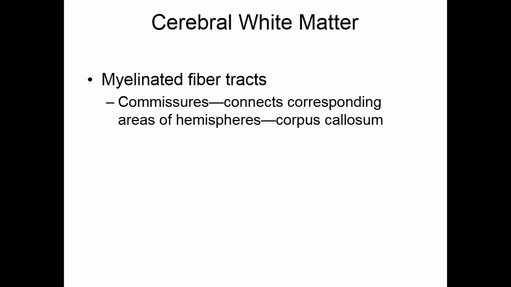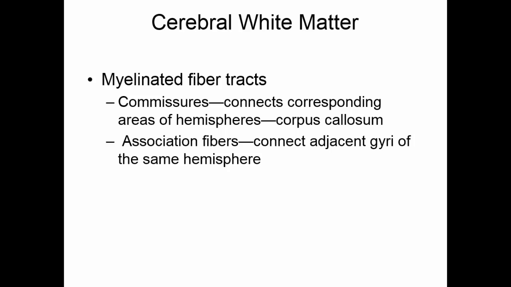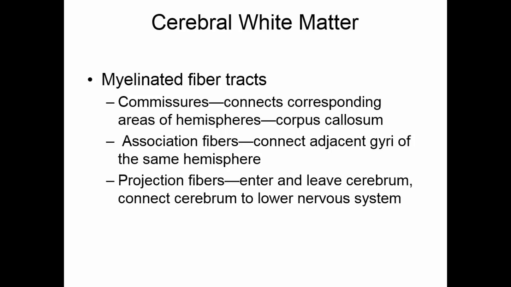The cerebral white matter are the myelinated fiber tracts, and we have three types of tracts in the brain. Commissural fibers connect corresponding areas of the two hemispheres. The corpus callosum is the major commissural fiber in the brain. Association fibers connect adjacent gyri of the same hemisphere, so association fibers are either in the right or the left cerebrum. And projection fibers enter and leave the cerebrum.